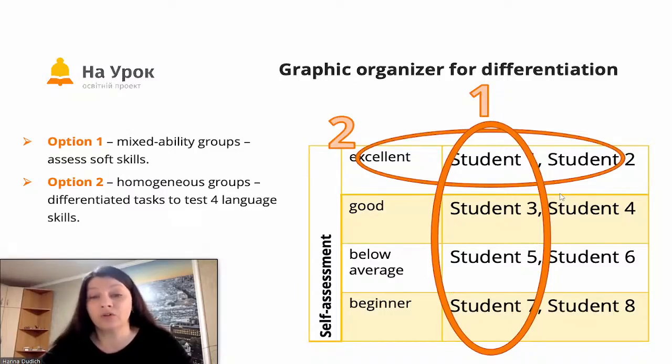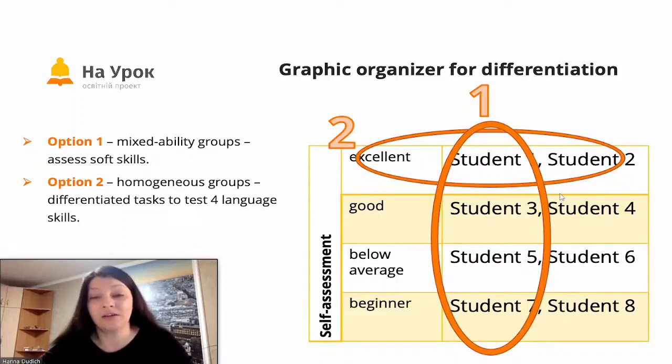Then below would go students who have completed their tasks on grades 7, 8, and 9, like the good division, the good part. Then below average, 5, 6, and 4, and then the beginner, 1, 2, 3.